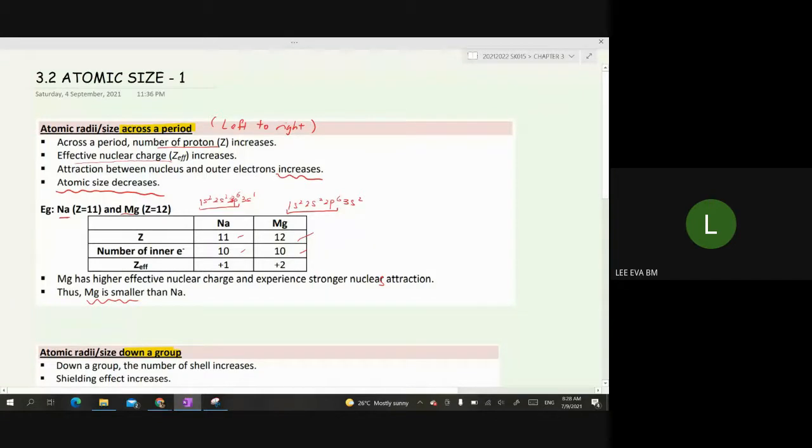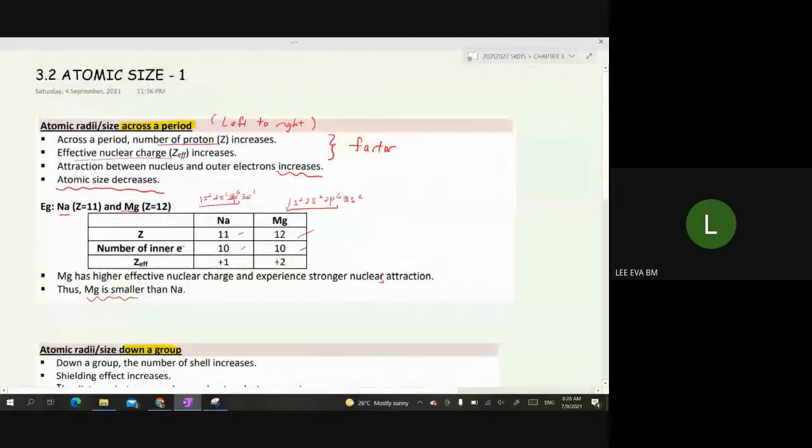So in short, we can say that across a period, atomic size decreases. But the main point you need to understand and remember is which factor affects the size. Across a period, we are using proton number and also your Z effective.